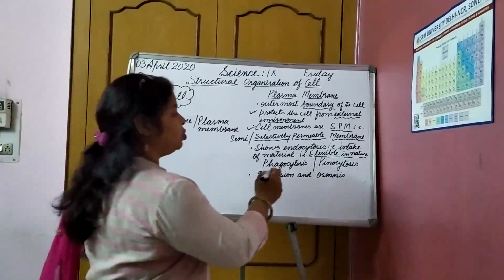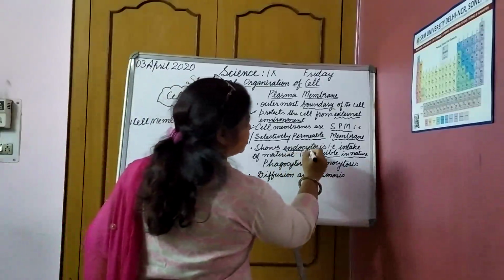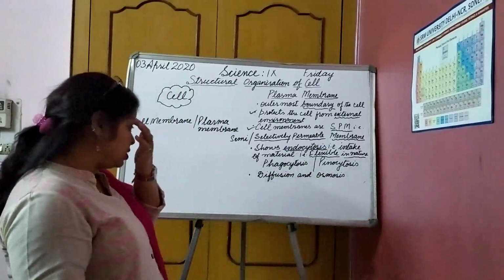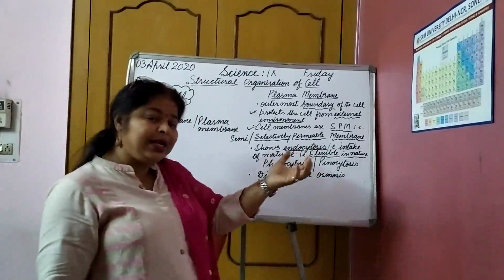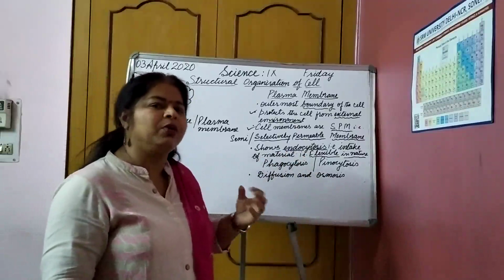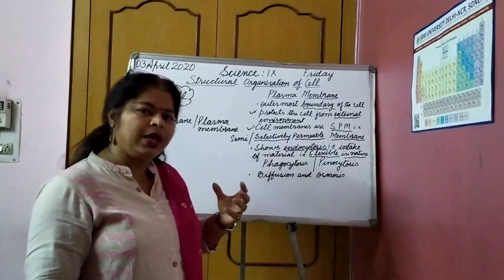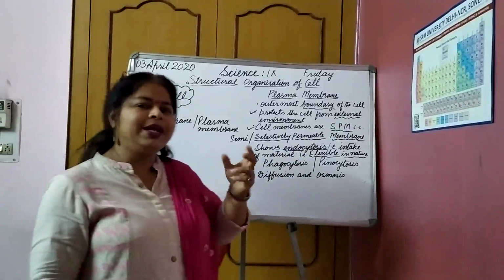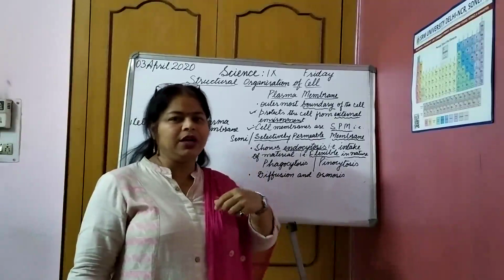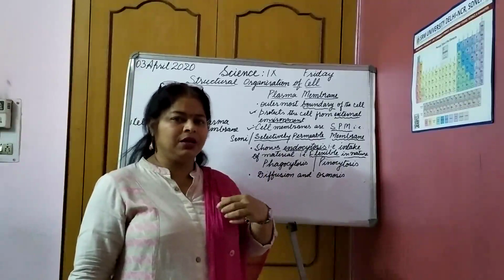Like it shows endocytosis. Endocytosis means that it can take in material, solid material or liquid material, both. It can show intake of solid material as well as liquid material. Like we eat solid and we drink liquid.